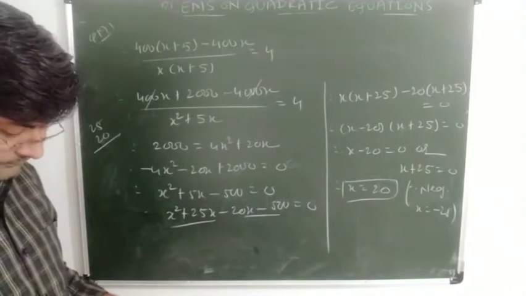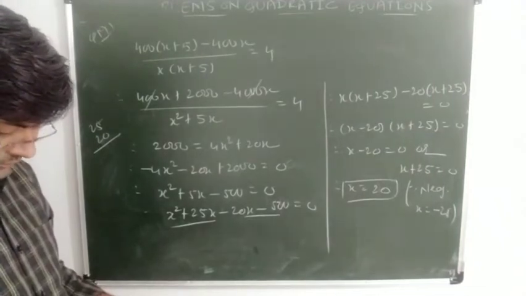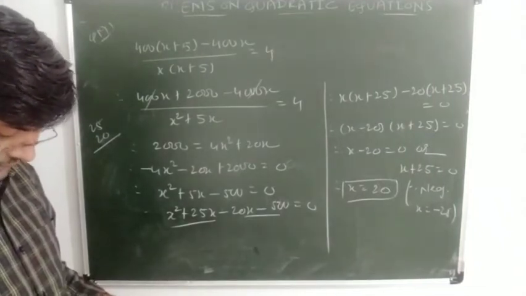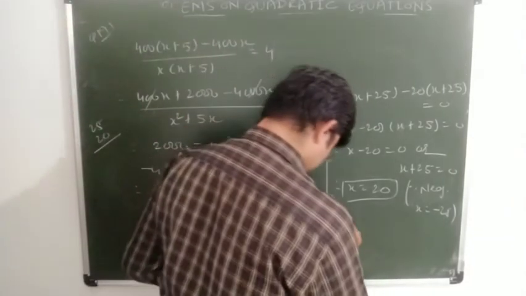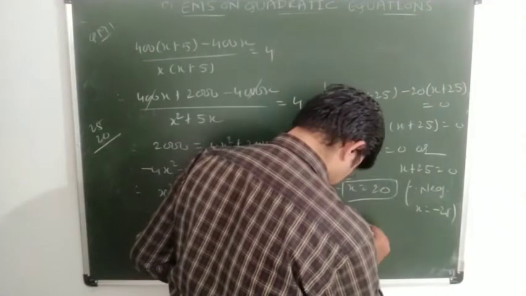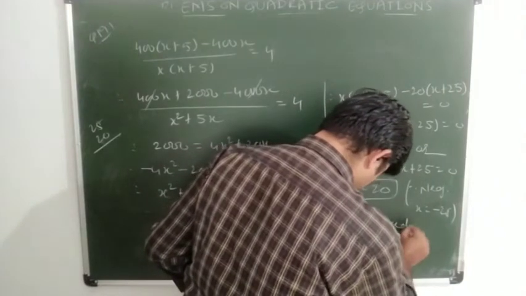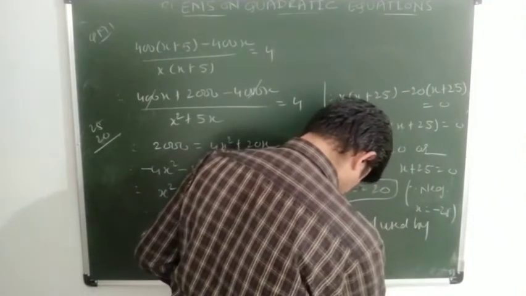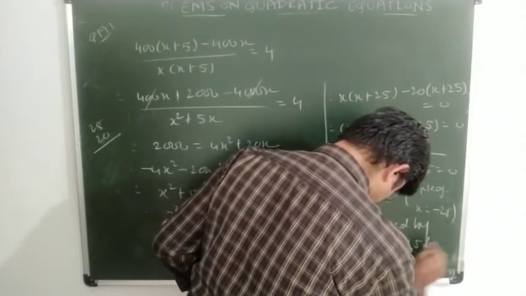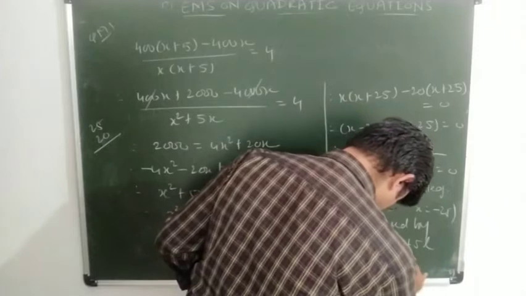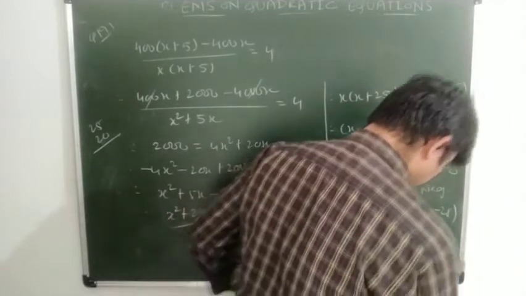So for car B, we have to find the number of liters of petrol used by car B, and therefore petrol used by car B is equal to x plus 5 liters, which is 25 liters.